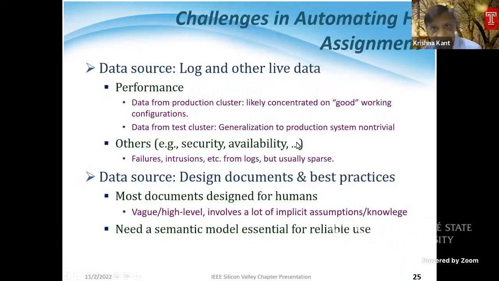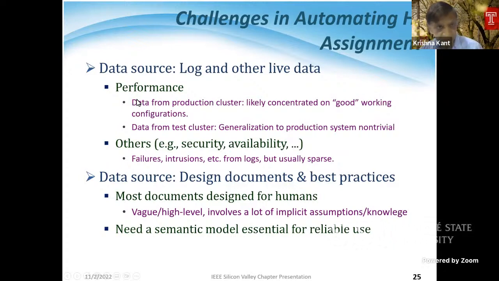Okay, so how do we do the automation? Let me talk a little bit about the challenges in doing the automation, first of all. When you look at the data that is available, there are generally two types of data. There is typically a lot of performance data.